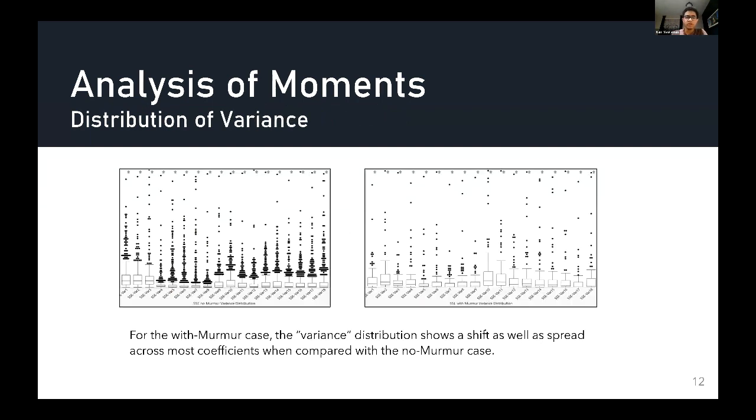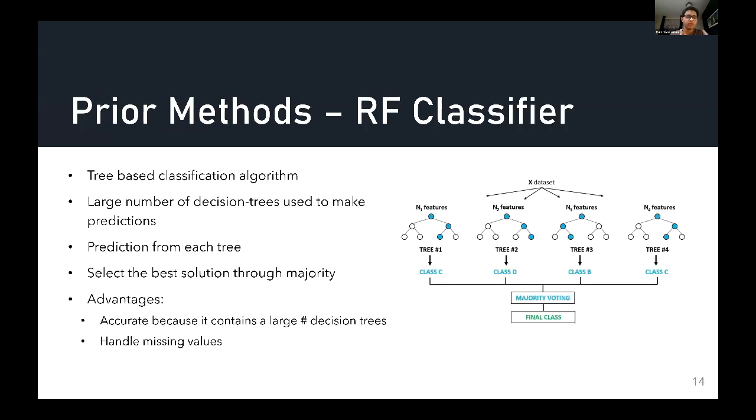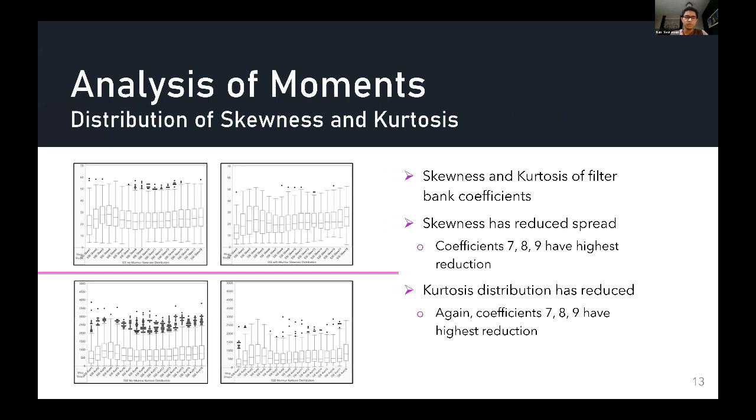And a similar trend is noticed in the variance, going from the left, which is the distribution of filter bank energies in a no murmur case, to a with murmur case on the right. We noticed a shift in distributions. Similar trends were also noticed in the skewness and kurtosis features, but to a lesser extent.